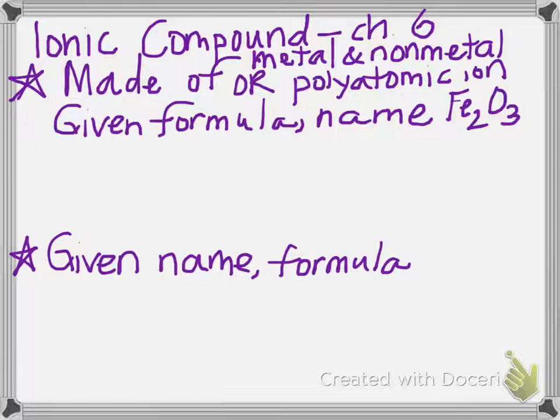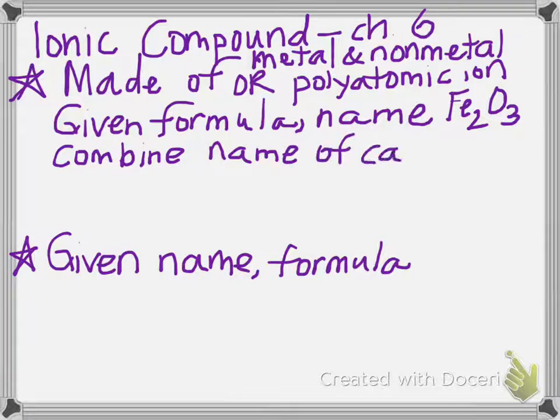Okay, so generically, if we're given the formula and we have to name it, our generic way of talking about this is that we're going to combine the name of the cation and the anion. Remember, one of the things we have to be careful about is that with our cations, one of our questions was whether it was a tall or short column.